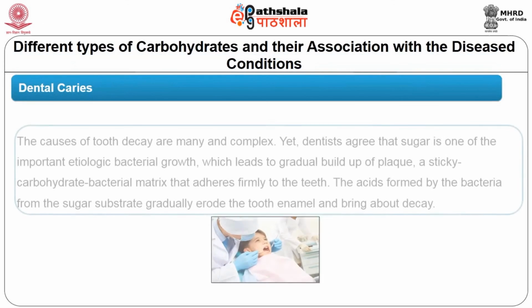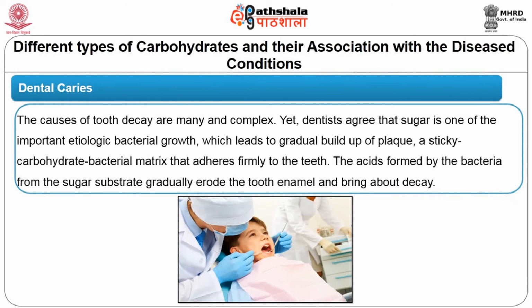Dental caries. The causes of tooth decay are many and complex, yet dentists agree that sugar is one of the important etiological factors for bacterial growth, which leads to gradual build-up of plaque, a sticky carbohydrate bacterial matrix that adheres firmly to the teeth.